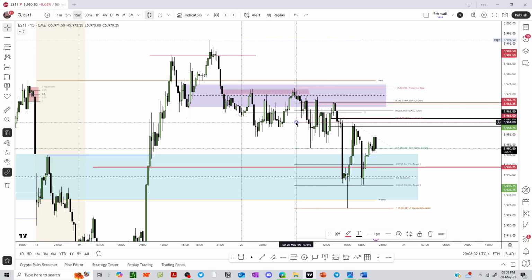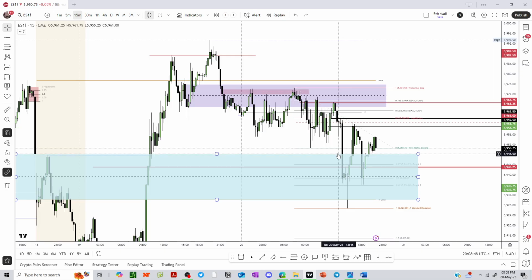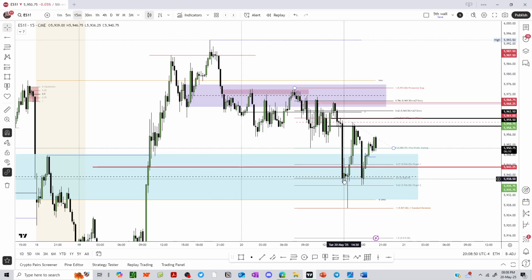That looks good enough to me. You can fine tune that if you like. It was holding below the C of this fair value gap, and again this was my target, and then drop down here and continue lower, and that's 1 standard deviation based off of this projection here.